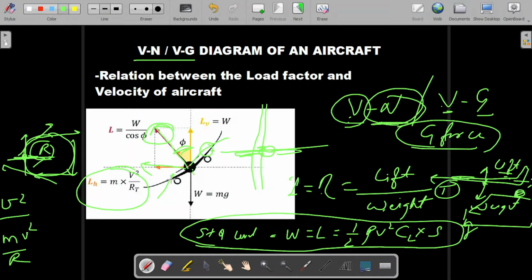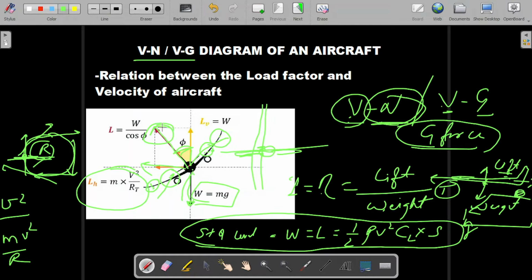I'll draw it like this. So the air is going inward. You might have studied magnetic field lines going into the plane of the book or coming out, so that's how I've drawn it. This is the lift force. This is the weight, which is acting perpendicularly downwards. So weight is equal to mg.